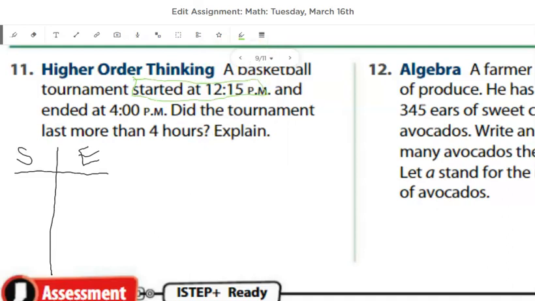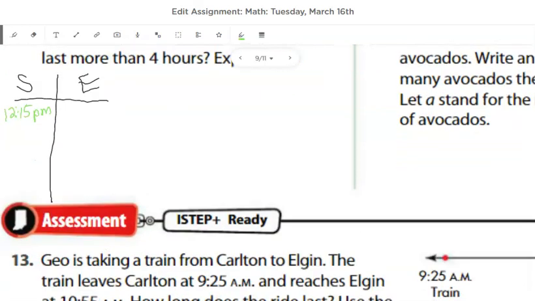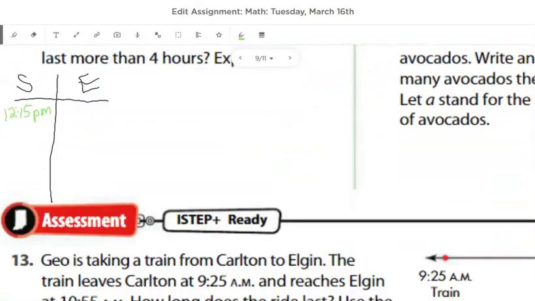Now I see that my start time was 12:15 p.m. and my end time was 4 p.m. Get a darker color here. And we're trying to figure out, was it longer than 4 hours?